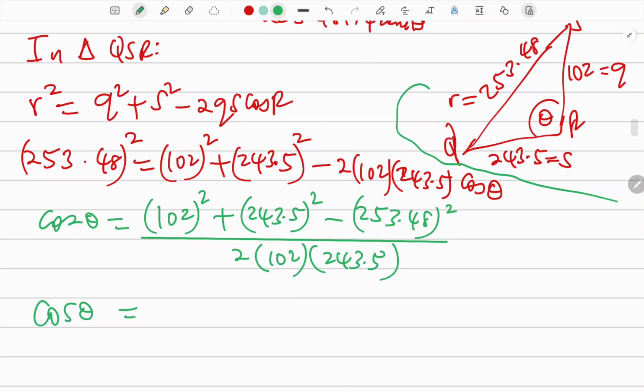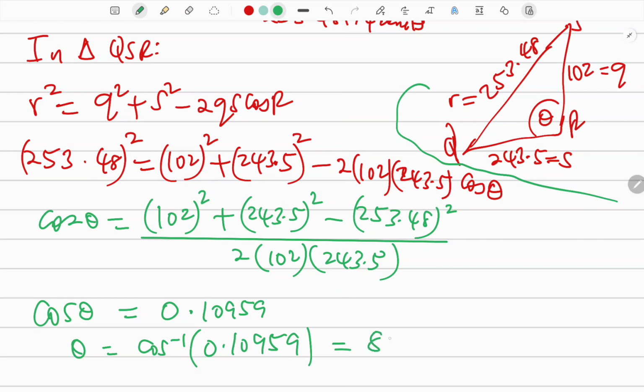If you simplify this in the calculator, we get 0.10959, and then we find the arc cosine of 0.10959, which is exactly 83.70831 degrees. So that is the angle theta.